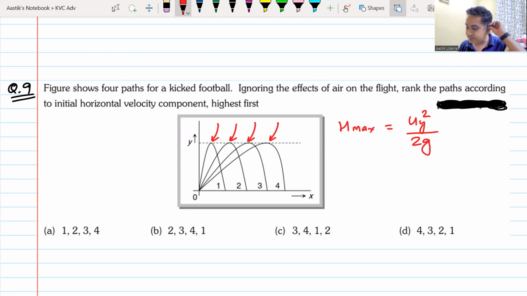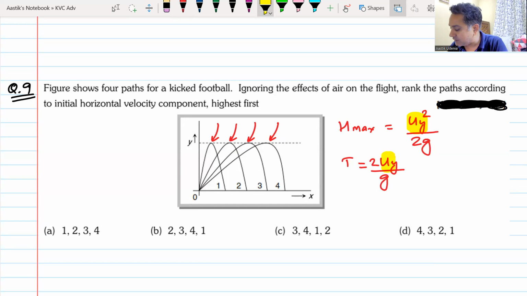If they have the same maximum height, that means they have the same y component of velocity. If they have the same y component of velocity, their time of flight would also be same. Do we understand this?